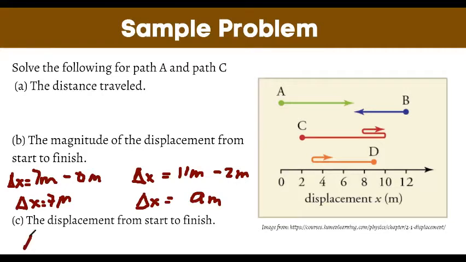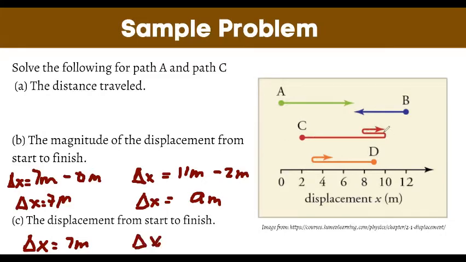So here, on the first given, which is the path A, since your final distance is positive, it means that the displacement is just the same as the magnitude. How about here? So it goes to the right and then goes to the left and again to the right. So as we can see here, it is just the same as the magnitude.